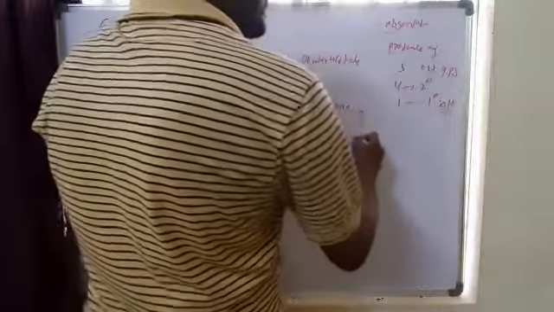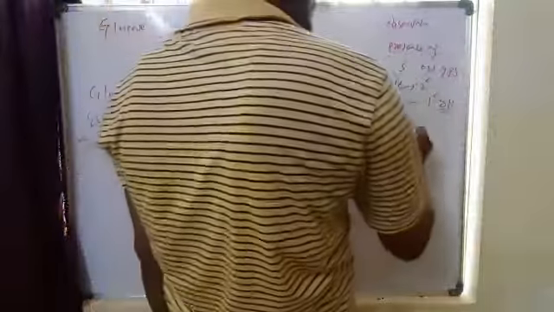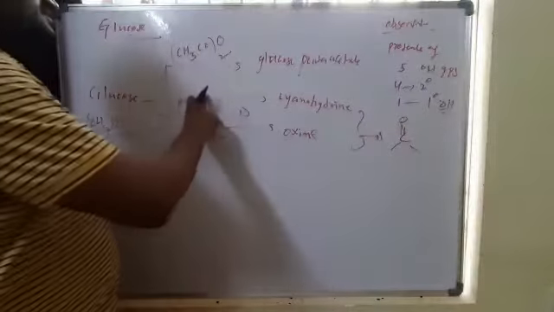Based on this we observe the presence of a carbonyl function, C double bond O. It may be an aldehyde or a keto function; we don't know yet.